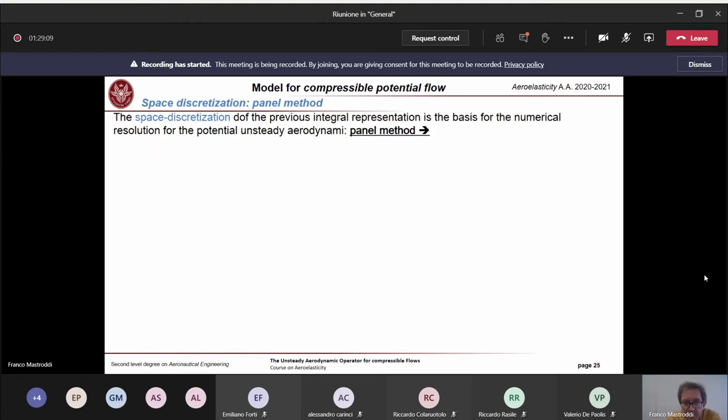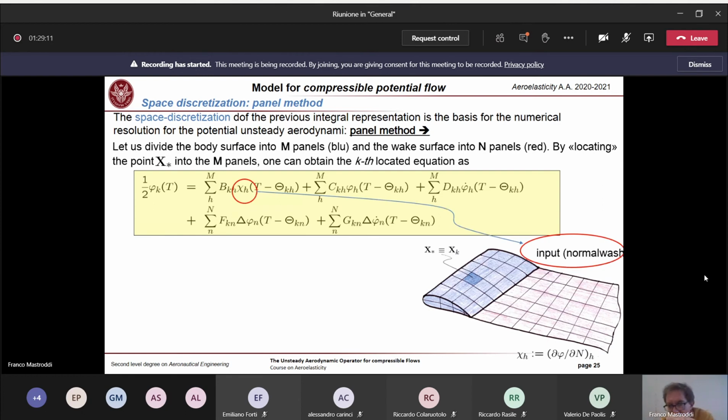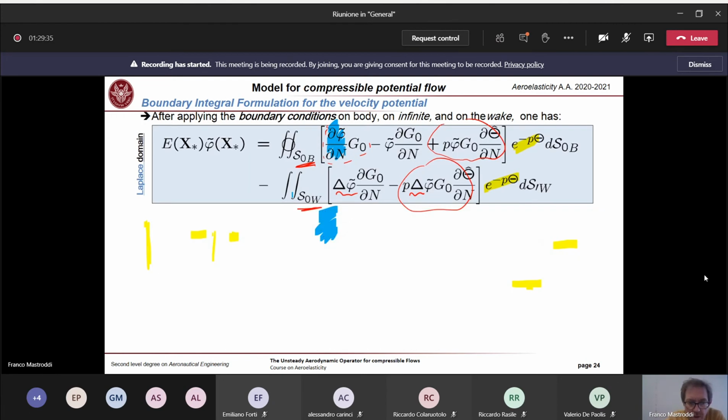How? Just by discretizing our problem with a panel method. And so we have the following. The solution at a time T, capital T, at a point k depends on the solution at the previous time t minus a delay, and such a delay, look, what does the delay depend on?